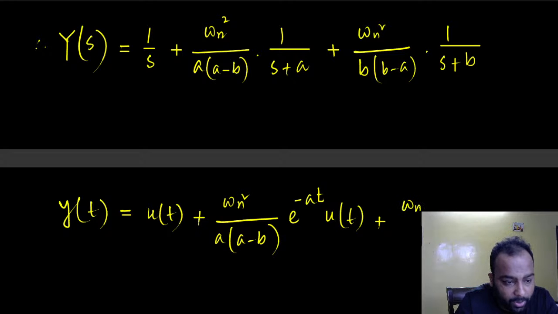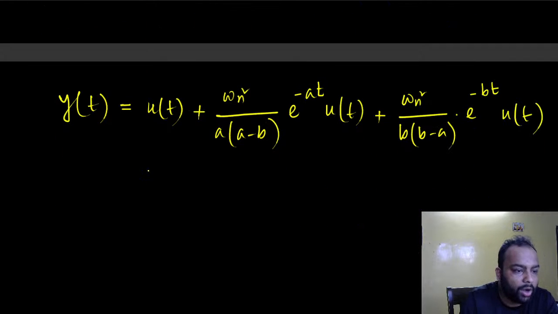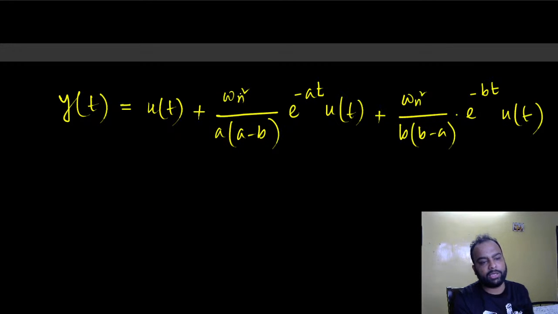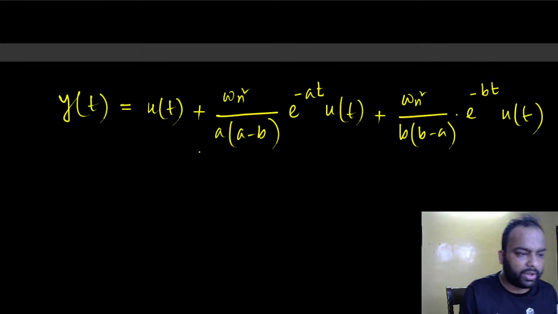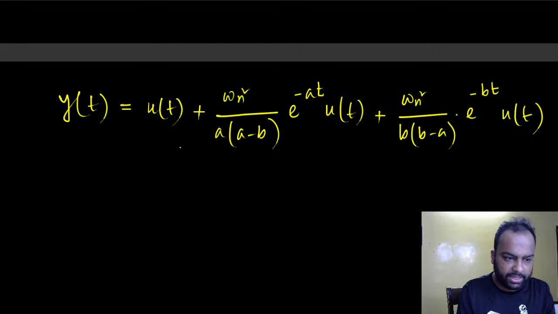And this is going to be omega n square divided by B times B minus A, and that's going to be e to the power minus bt. If you do the calculations, you would see that one of these quantities is negative and one is positive. You would see those calculations later on.